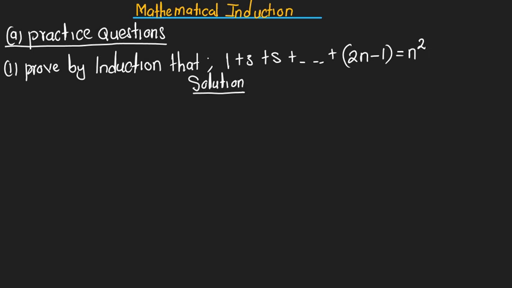Who wrote the first step? The first step is that n is equal to 1. Okay, you're the same one who is talking right now. The other one, mute your microphone. Okay, so the first step is we let n equal to what? 1.